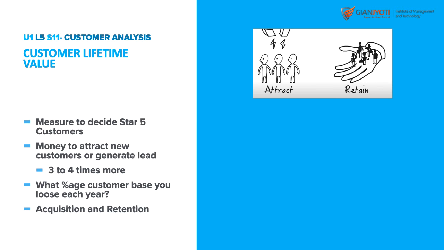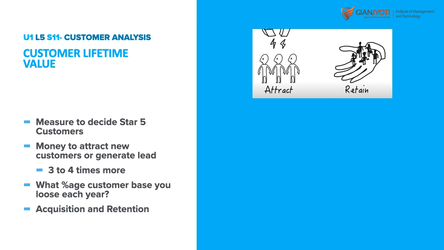So when we talk about customer profitability, I extend that profitability to lifetime, and that is what we call CLV, customer lifetime value. So this is a measure to decide your star 5 customers for the longer run. And as we discussed, the money required to attract new customers is 3 to 4 times more.